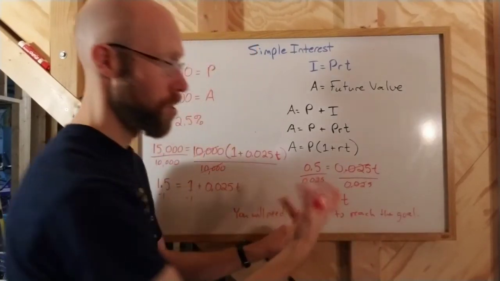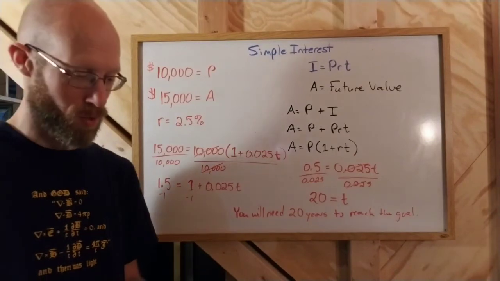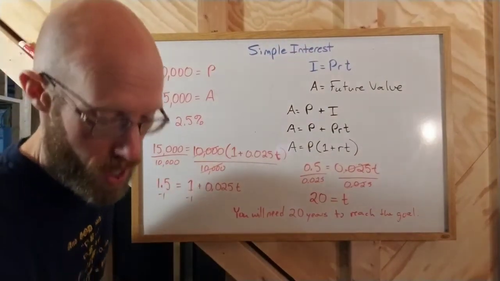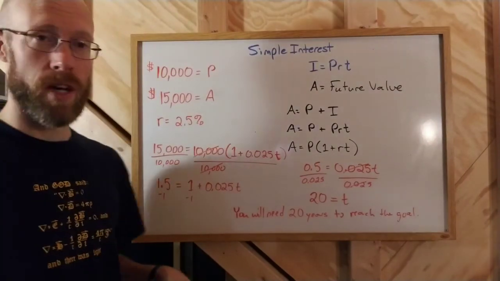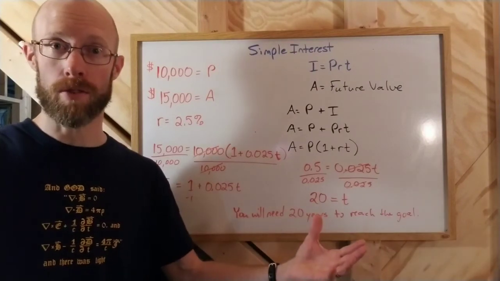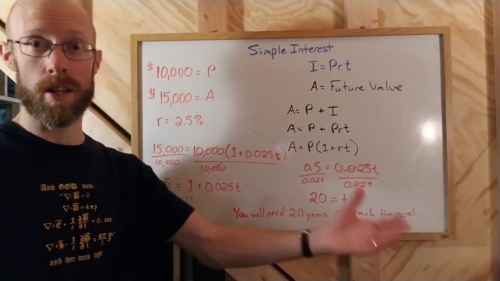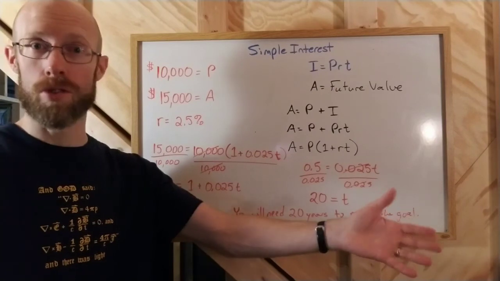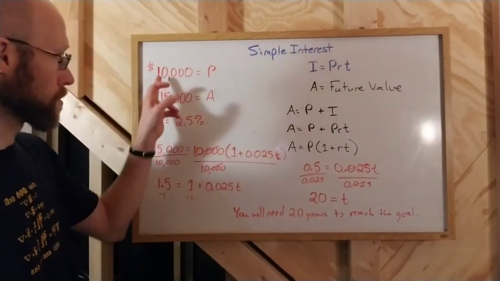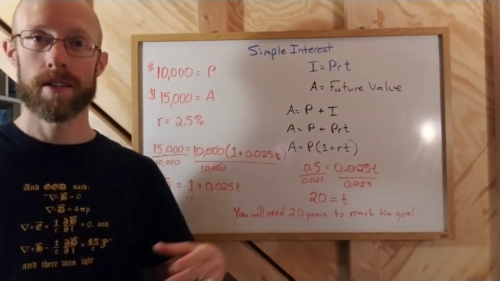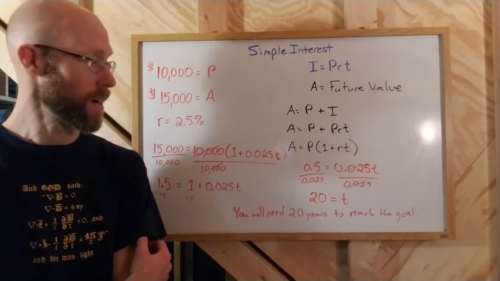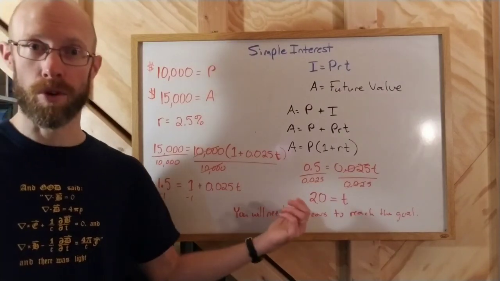You know, this is a long-term investment, right? 20 years long-term down the road, but that's a reasonable amount if you wanted to invest some money if maybe you're pregnant and having a baby and you want to invest some money for their college fund, right? 20 years down the road is exactly, well, close to what you would want to have. So maybe you invest $10,000 and you want it to grow to 15,000 by the end of that time period, and it works out nicely that way.